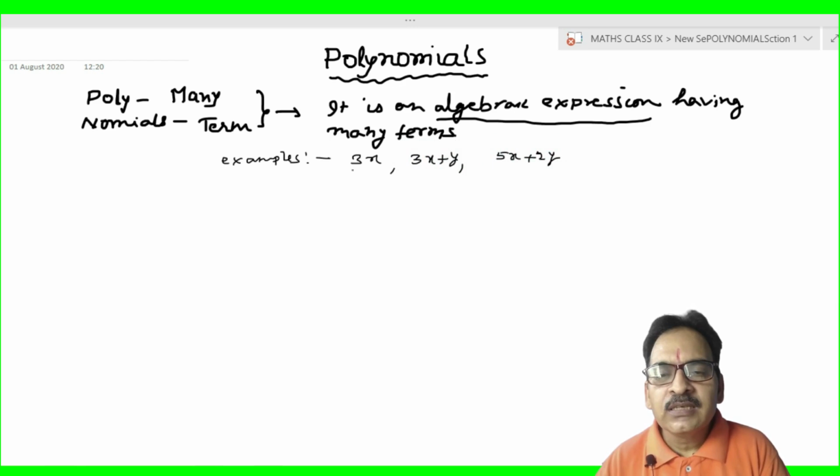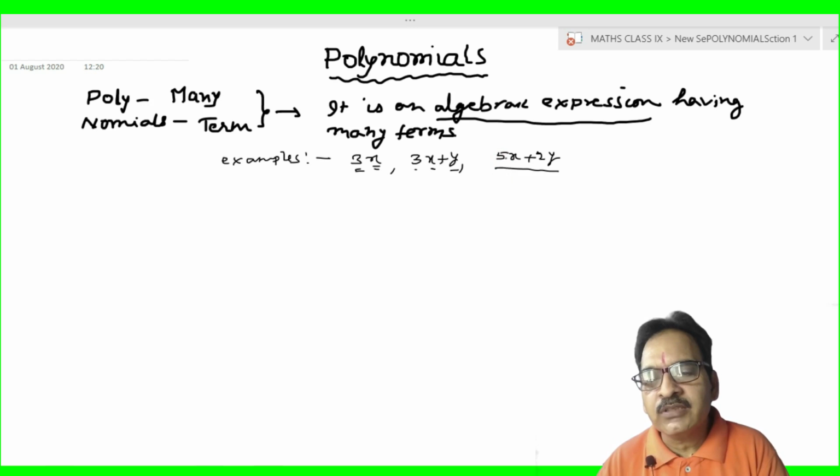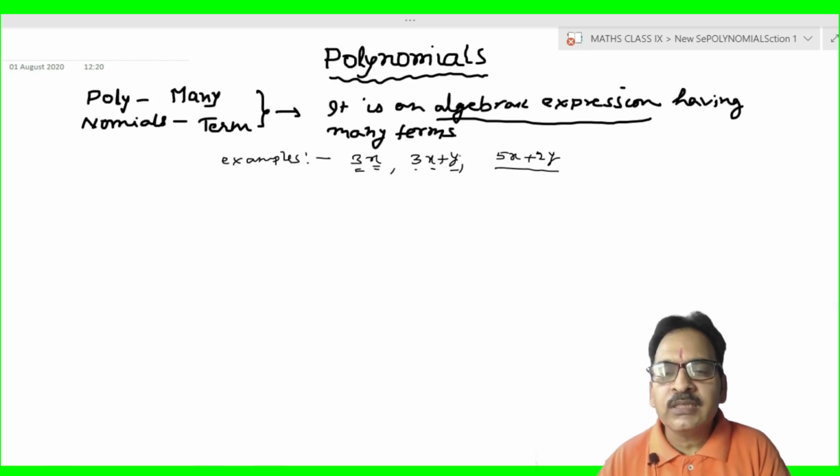Here we see these are the numbers and these are the variables involved with the into sign. Here 3 into x plus y. So these two variables and one constant are associated with your into and plus sign. Okay, so here also all are constants and variables associated with into and plus sign. So altogether these are the examples of polynomials.